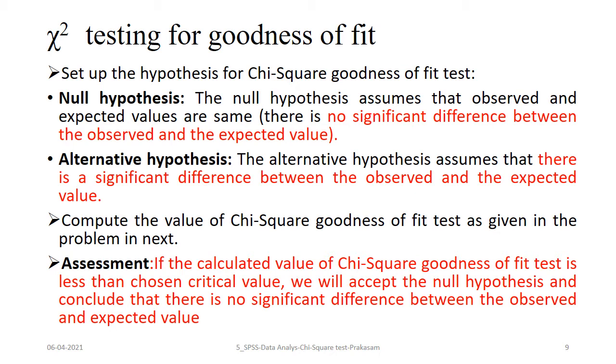From that we compute the chi-square goodness of fit as earlier, observed minus expected whole square divided by expected, summed. From that, the calculated value of chi-square will be assessed. If the calculated value of chi-square goodness of fit is less than the chosen critical value, we accept the null hypothesis and conclude that there is no significant difference between the observed and expected values.